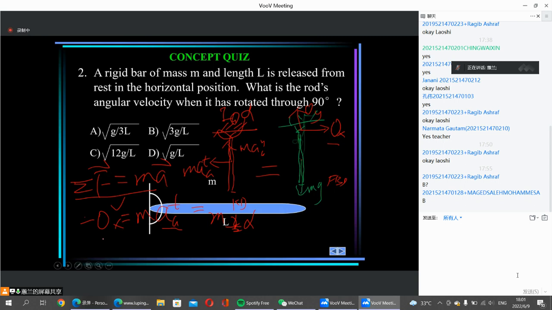So in vertical, what can we have? Vertical, we will have O_y minus mg equal to m a_G normal, right? This is the KD, this is the FBD. They are equivalent force systems, so sigma F equal to m a.